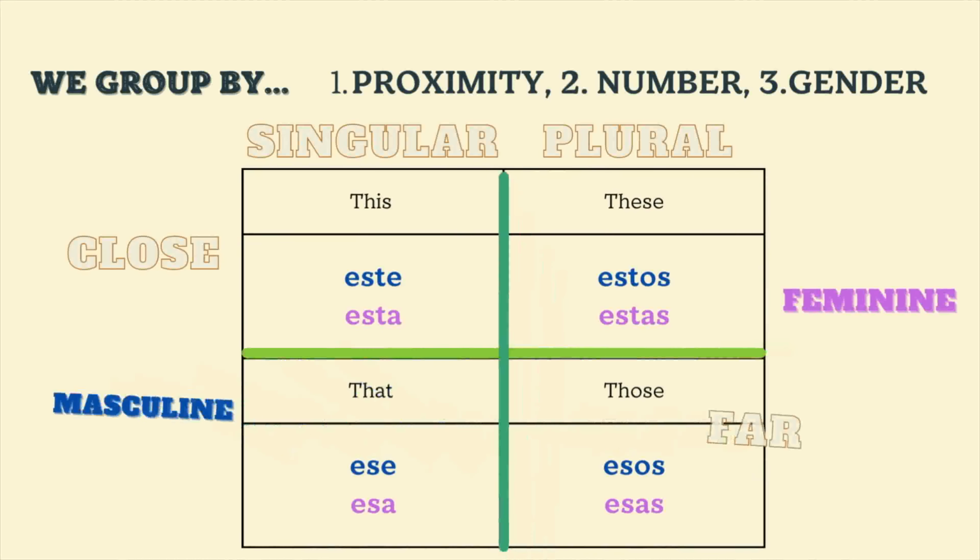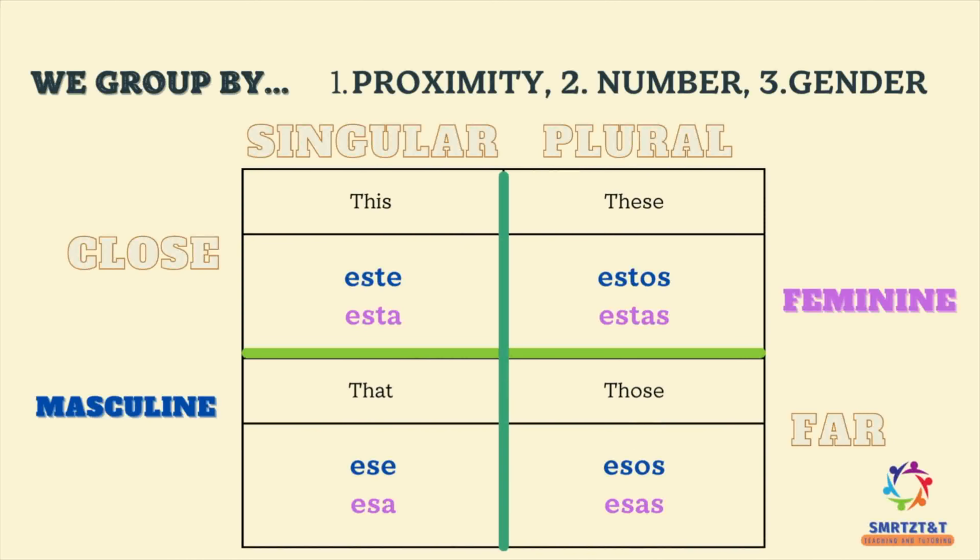In this slide, we can see that we group them by proximity, number, and gender. It could be singular and plural, close and far, masculine and feminine. Este, esta, estos, estas, ese, esa, esos, esas. Muy bien.